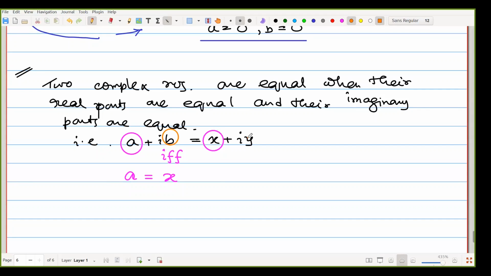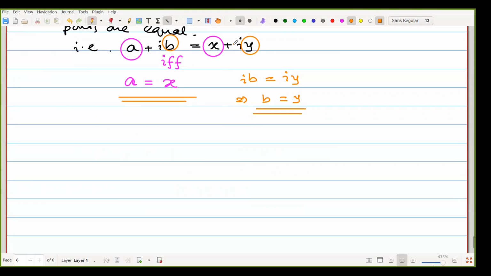That means here, that one means IB is equal to IY, which gives us B is equal to Y. So that is the first part, that is the second part. Let's prove it. So how to? A plus IB is given as X plus IY.